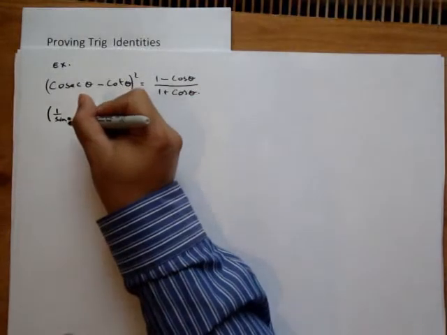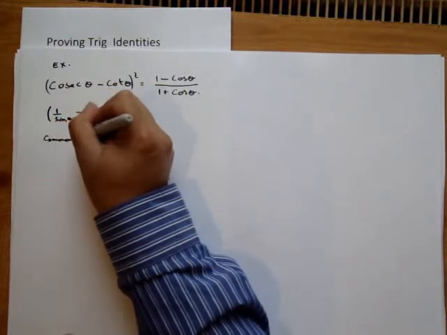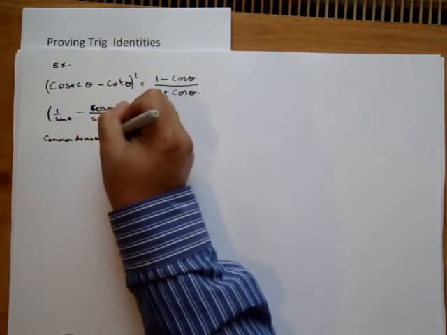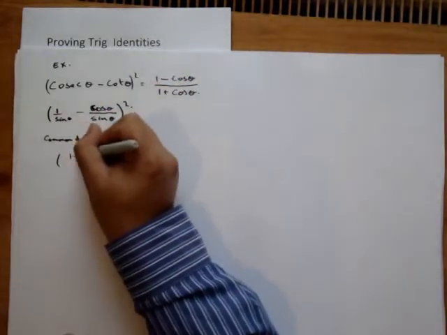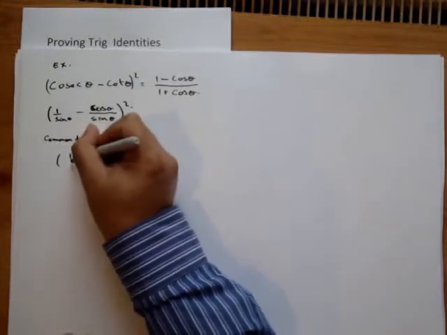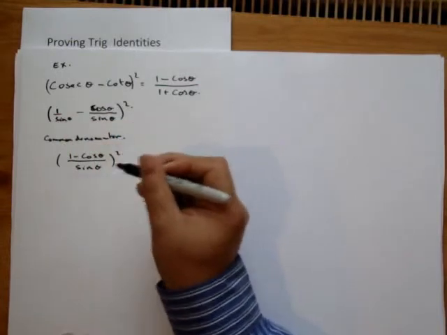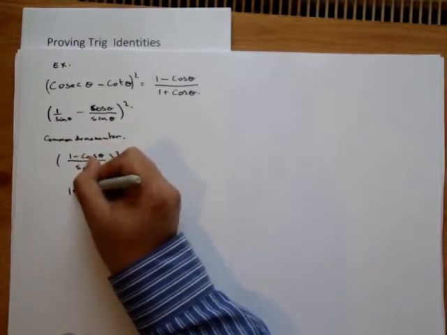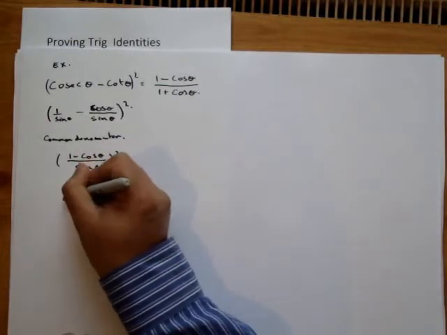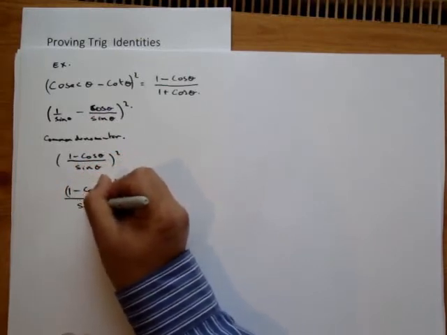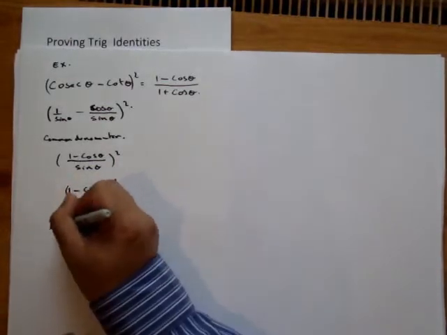We have a common denominator, so we can write this as 1 minus cos theta all over sine theta, squared, which becomes 1 minus cos theta squared over sine squared theta. So that's our left hand side.